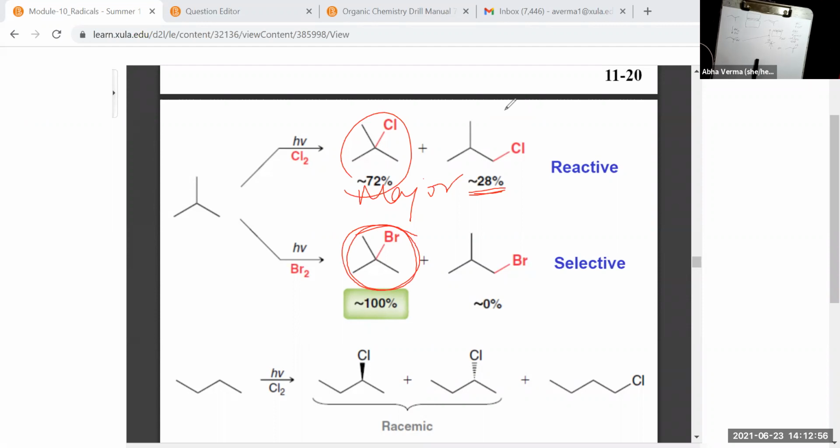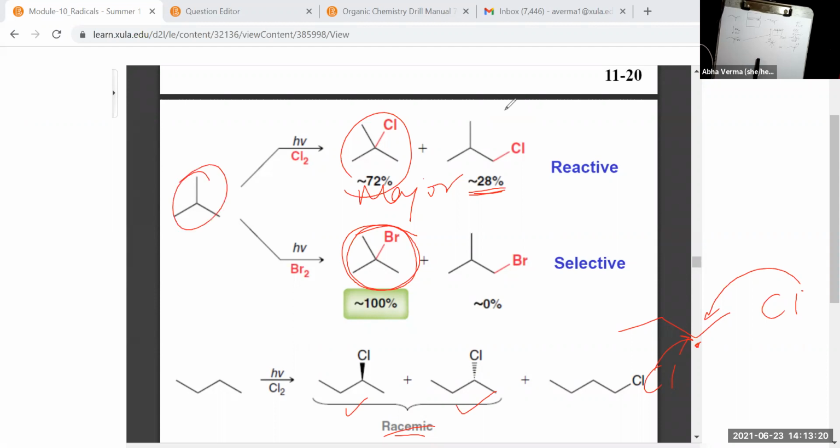Now with chlorinations and brominations, we also have to remember that stereochemistry will occur, because once the radical forms, the radical is a flat structure. Chlorine can attack from one side, and chlorine can attack from the other side also. So you will get equal amounts of the enantiomers.